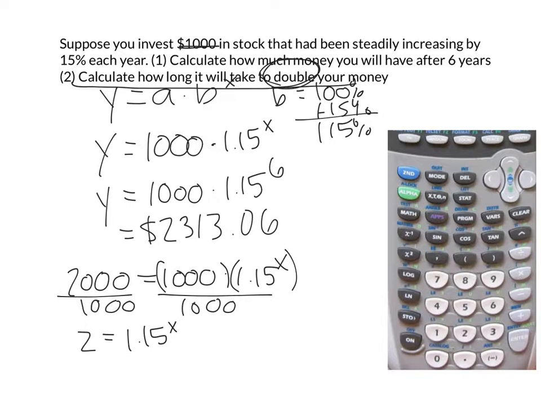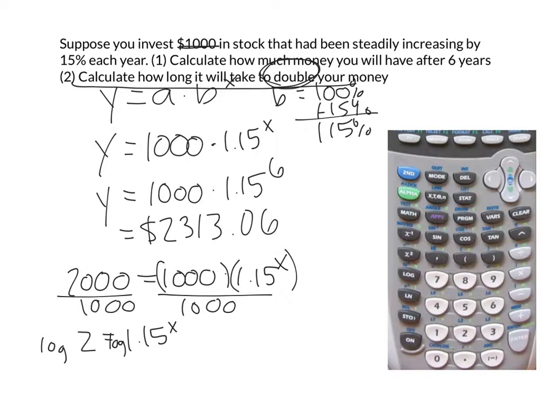All right, so as of right now, you guys don't know how to solve for an x value in the exponent. So today is when we're going to learn. So what I'm going to do is something called a logarithm. Okay, and I'm going to do a log of both sides. Now, remember that we talked about inverses in this unit as well?